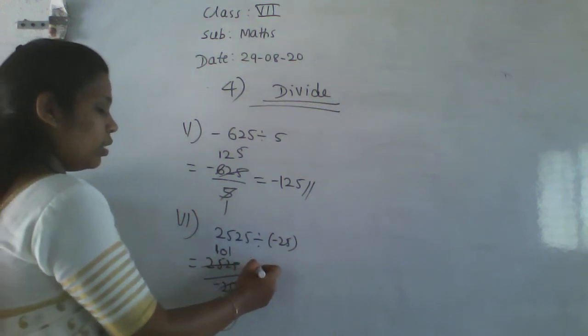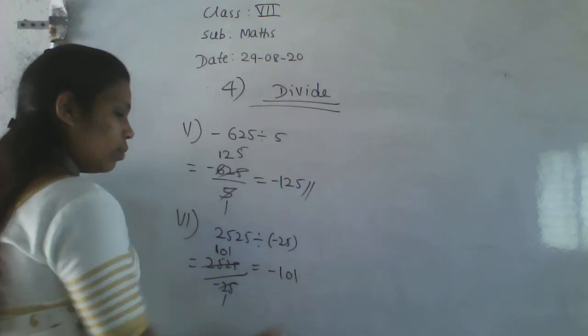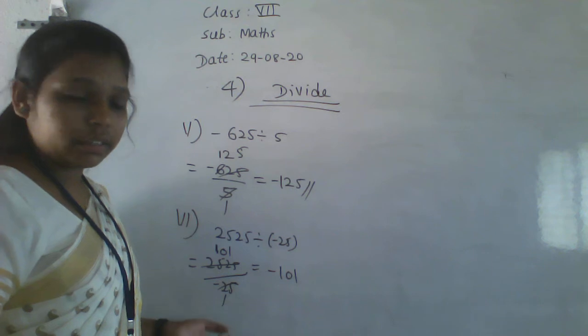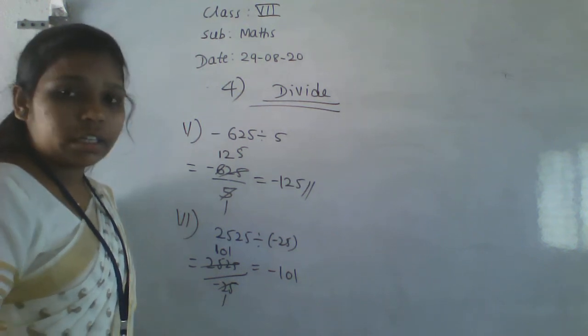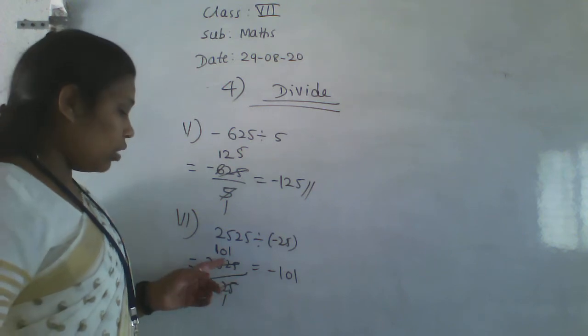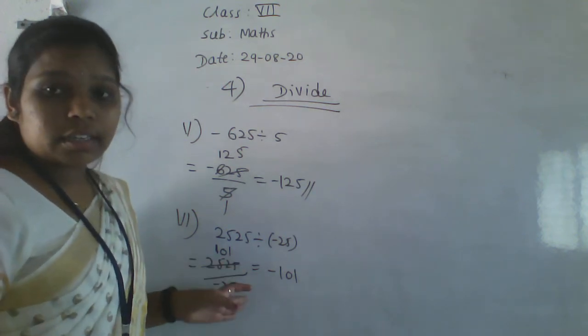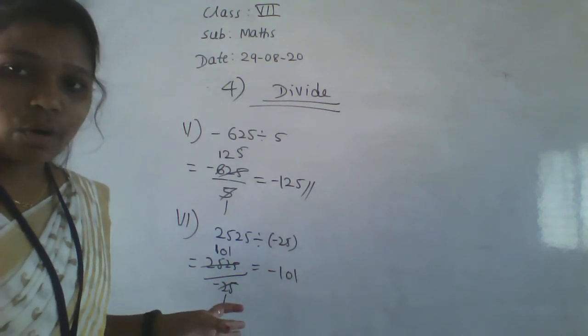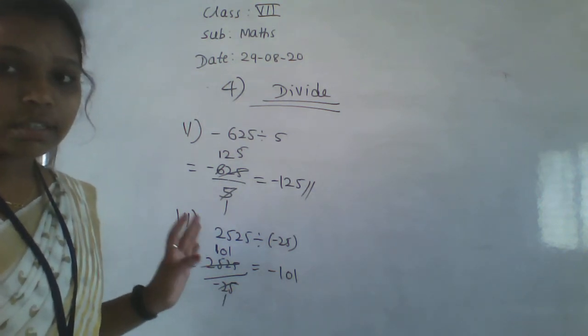So the answer is -101. If you want to check, do the division and check it once again. Is it right? Yes, it's right. If you want to check the answer, do it yourself by division.